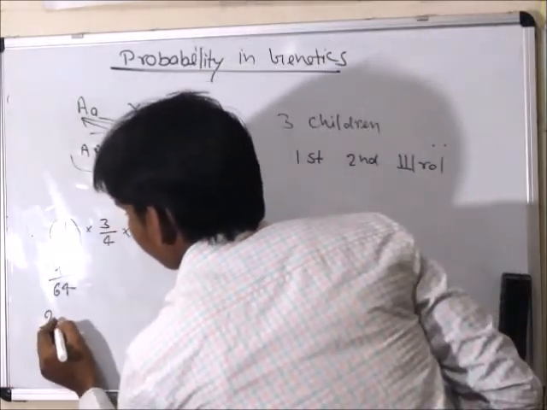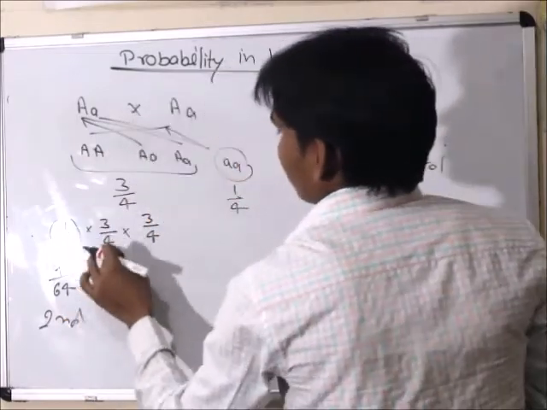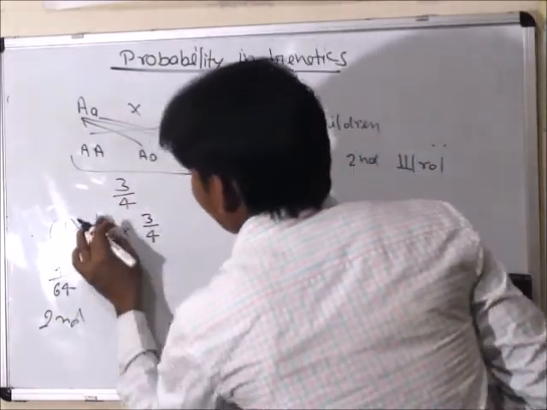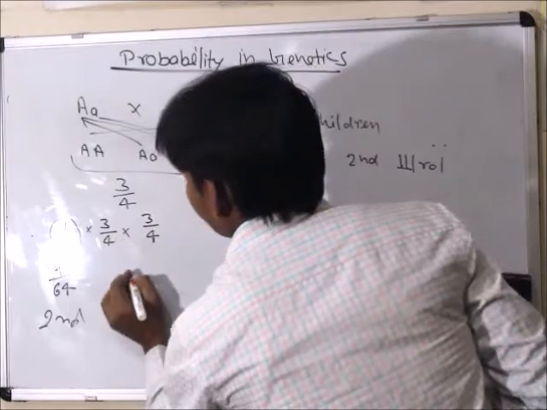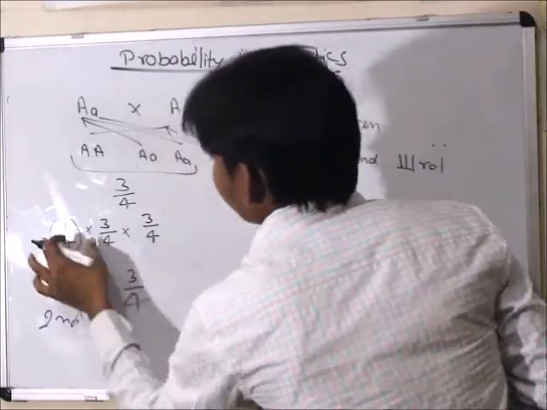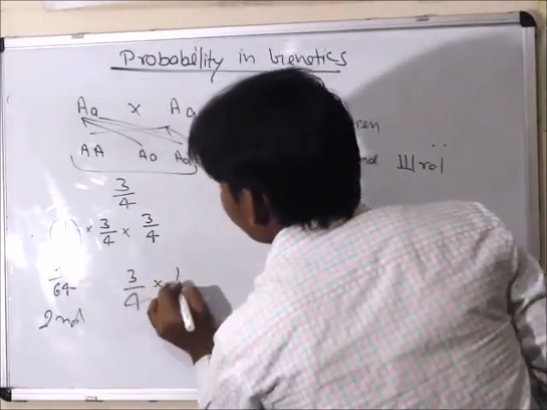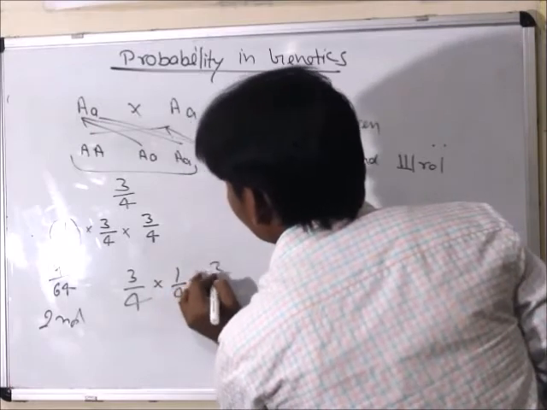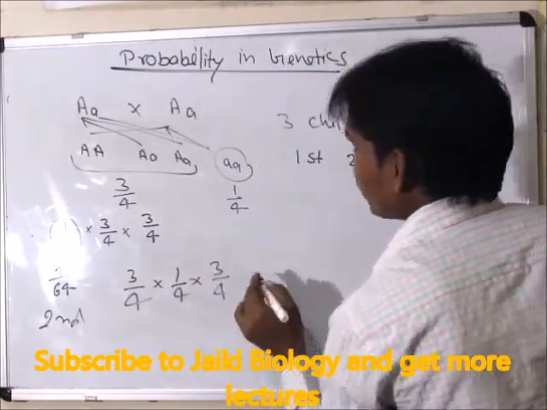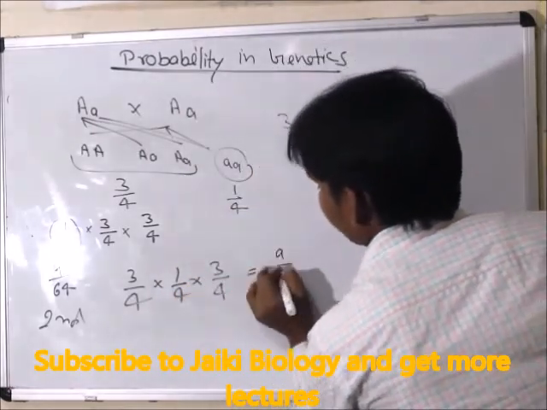In the second condition, the first child appears normal, that is 3 by 4, the second has albinism, that is 1 by 4, and the third is also 3 by 4, so the probability is 9 by 64.